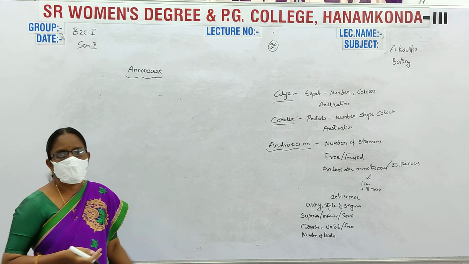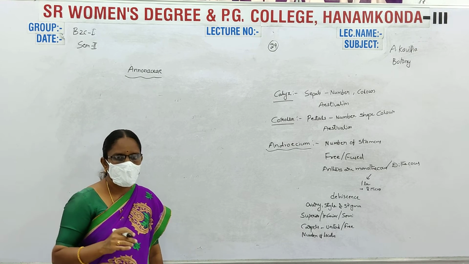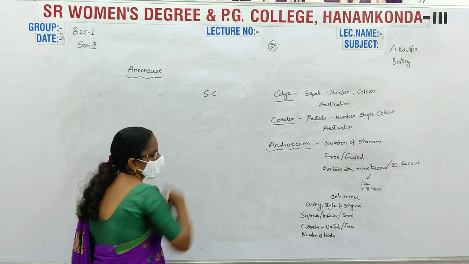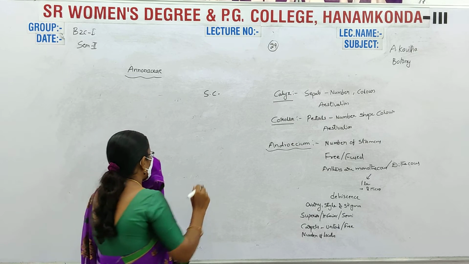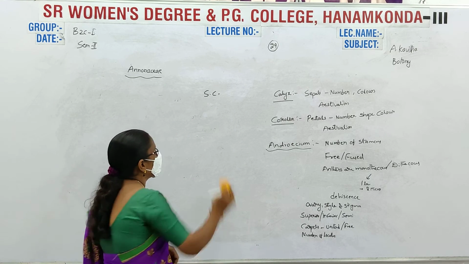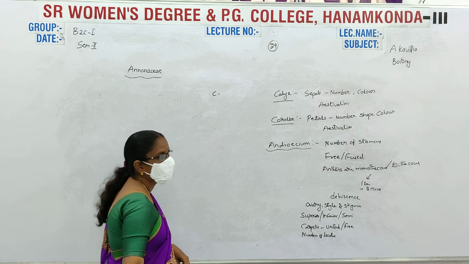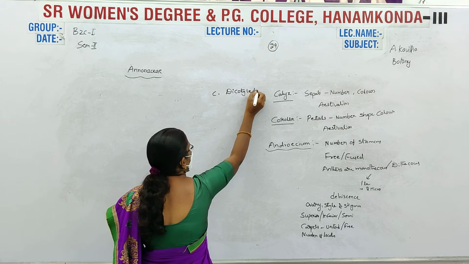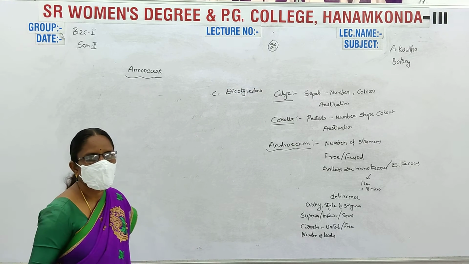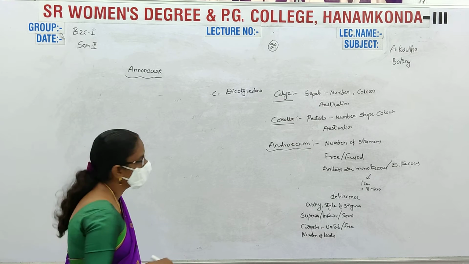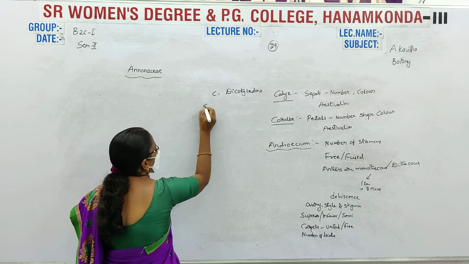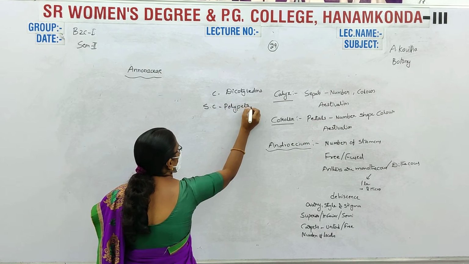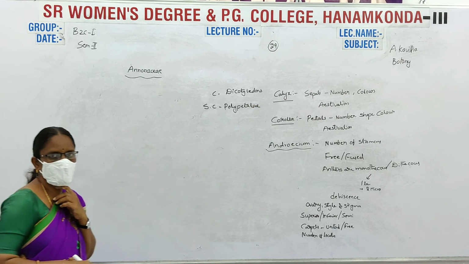First write the classification at the right side of the page. Class is Dicotyledonae, or dicotyledons. Subclass Polypetalae.